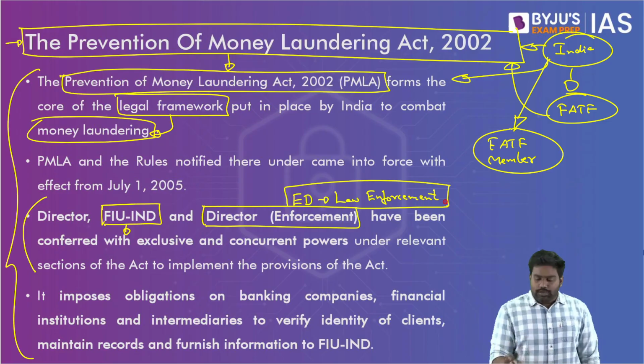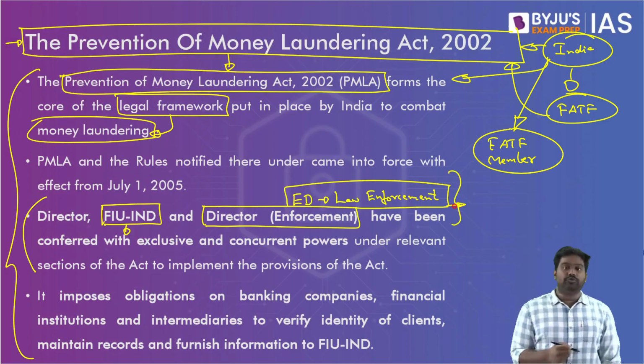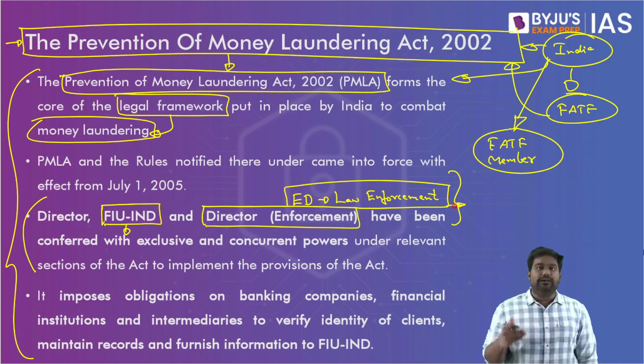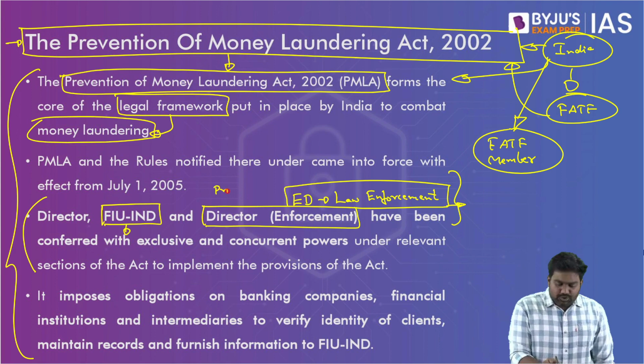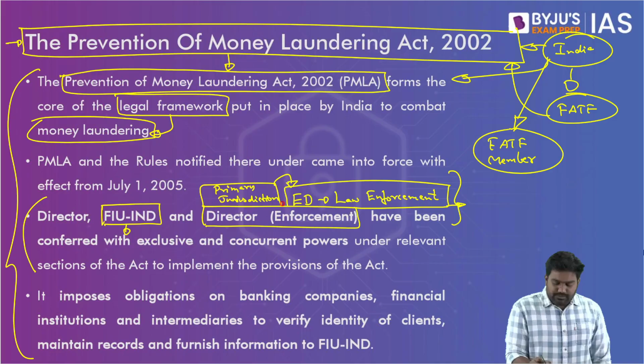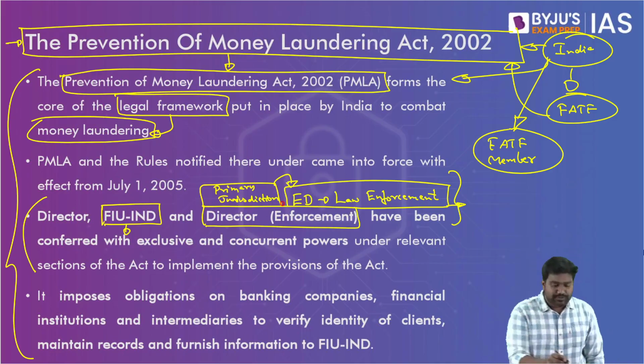But under the law, ED has been designated as the concerned nodal law enforcement agency to investigate money laundering cases. So ED has the primary jurisdiction. It's the nodal law enforcement agency. It has primary jurisdiction in money laundering cases. We have given that legal recognition through the law as per FATF recommendations.